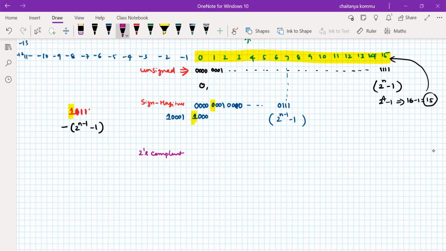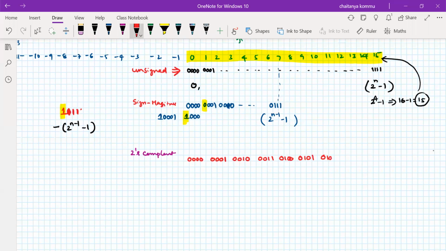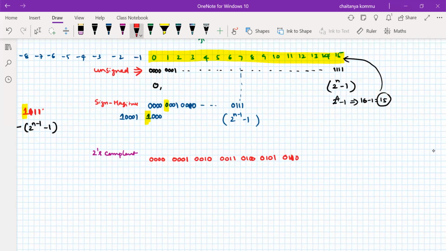Please remember very carefully: whenever we are using sign magnitude or 2's complement representation, unsigned numbers are used as they are. 0 means 0, 1 stands for 0, 0, 0, 1, 2 stands for 0, 0, 1, 0, 3 stands for 0, 0, 1, 1, then 4, 5, 6, something like this, 7.